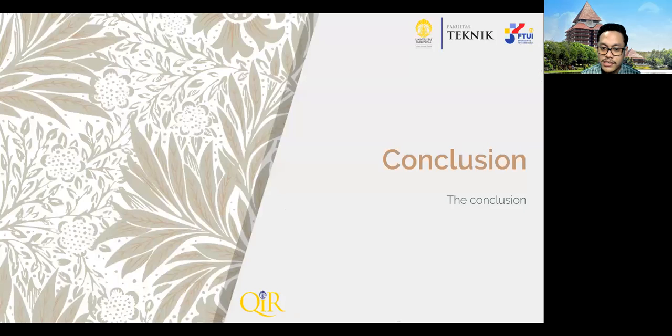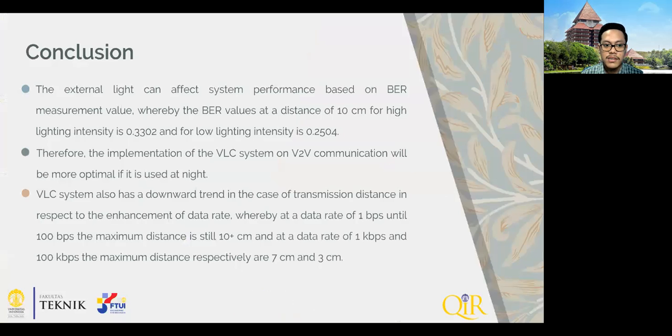Last but not least, we finally come to the conclusions. The external light can affect system performance based on the bit error rate measurement value, whereby the bit error rate values at a distance of 10 centimeters for high lighting intensity is 0.3302, and for low lighting intensity is 0.2504.